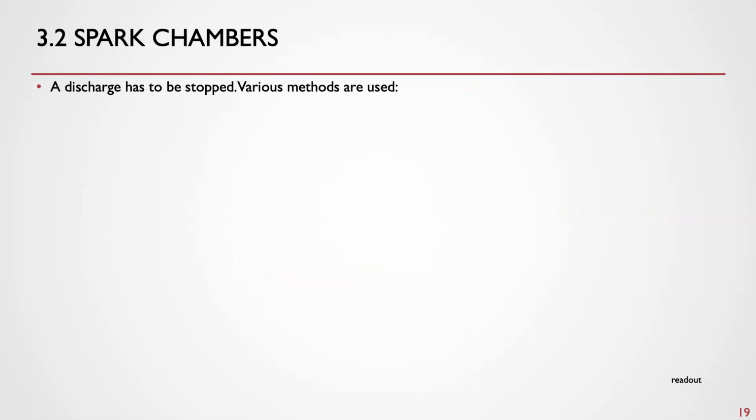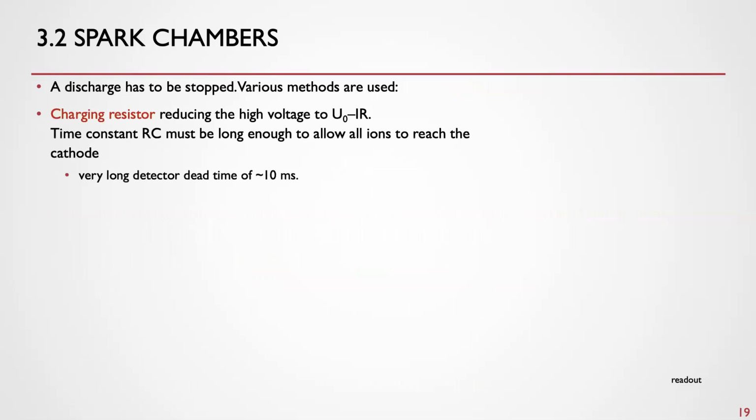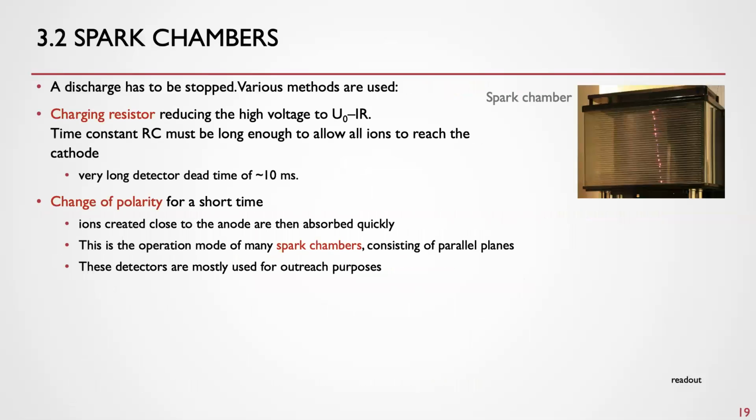On somewhat shorter time scales of the stopping of this discharge are the spark chambers. Spark chambers are used for, let me show you this, mostly used for outreach purposes.